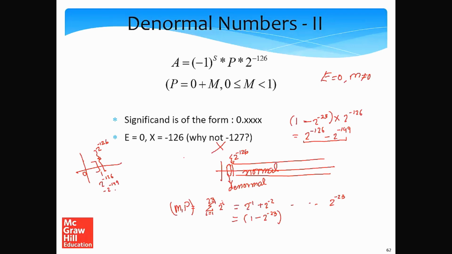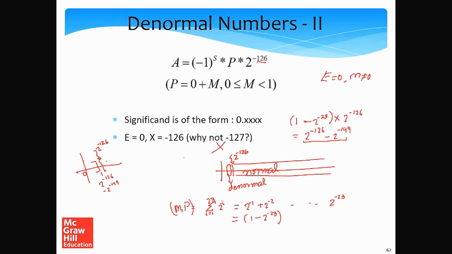Some difference needs to be there, because this is after all a discrete number system. It's not a continuous number system. But the important point to appreciate is that this should not have been minus 127. It should be minus 126, because that is only when we get this property that we have a very, very small distance between the largest denormal number and the smallest positive normal number.